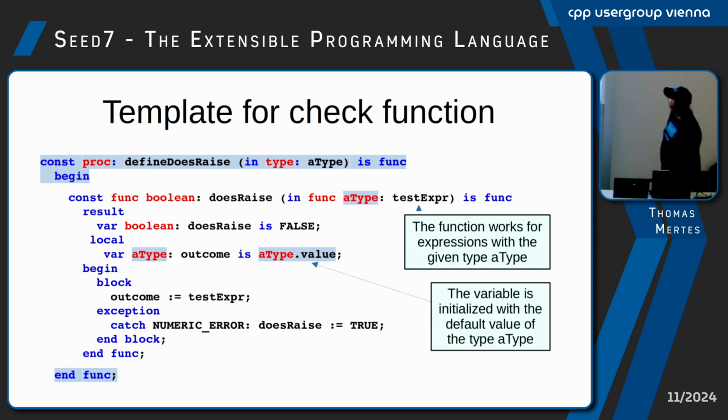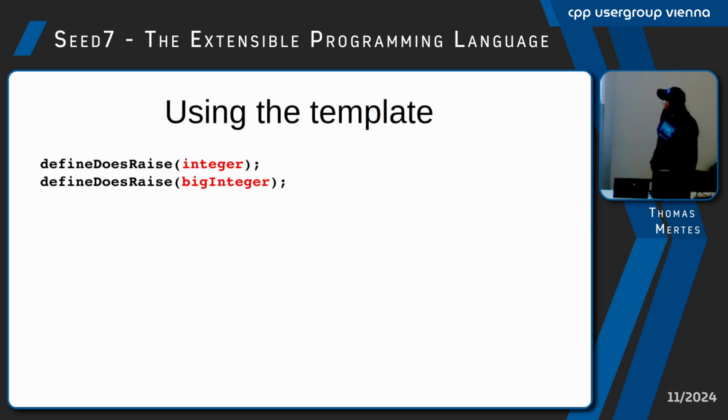This is a special thing because we need to declare a function of a type, and when we write this, we don't know which type it will be, so every type has a default value, and we initialize this outcome with a default value.